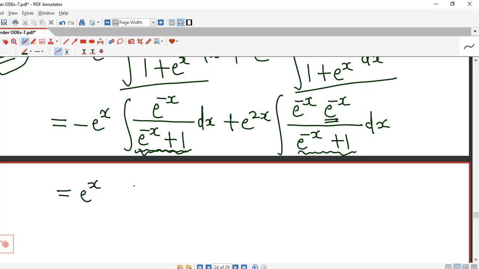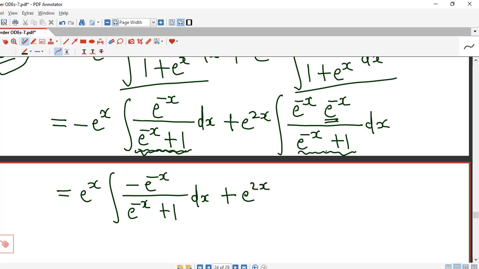So we rewrite this as e raised to x, and here minus e raised to minus x divided by e raised to minus x plus 1, integral with respect to x, and plus here in the denominator we have e raised to minus x plus 1, so that we set in the numerator.